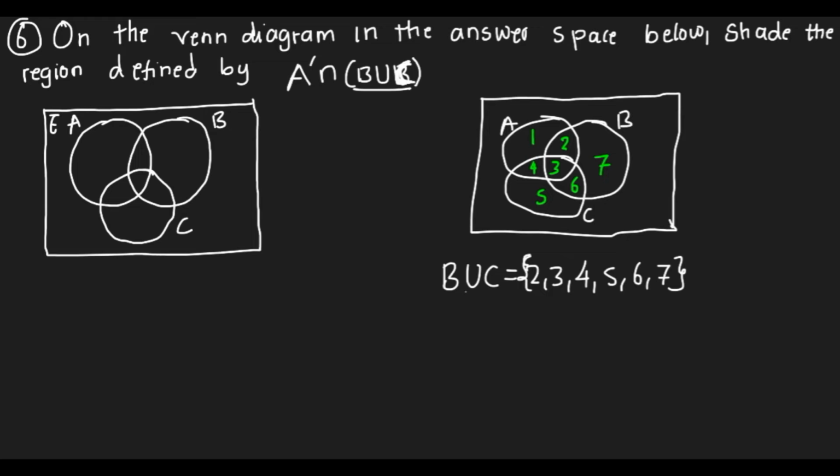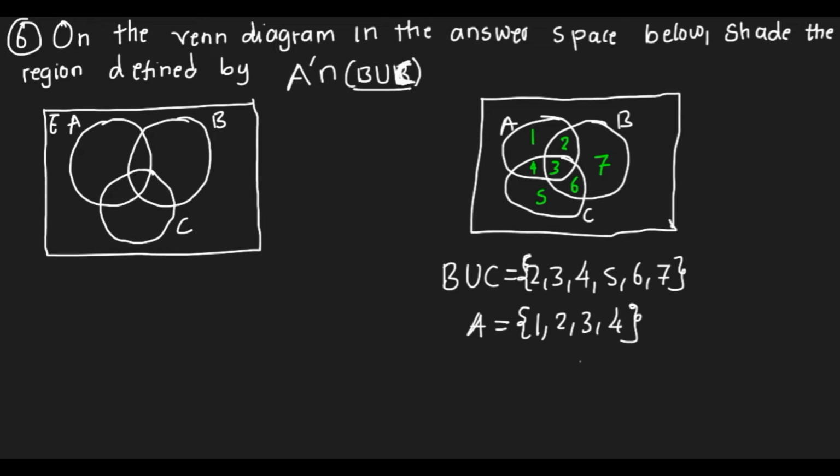So this is the set B union C. Now let's also look at the elements of set A. So set A has 1, 2, 3, 4.